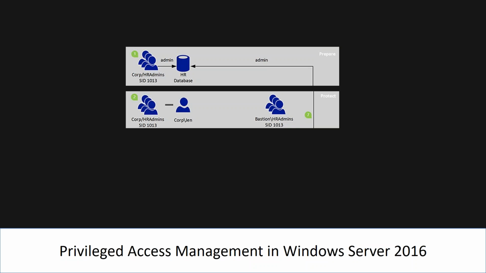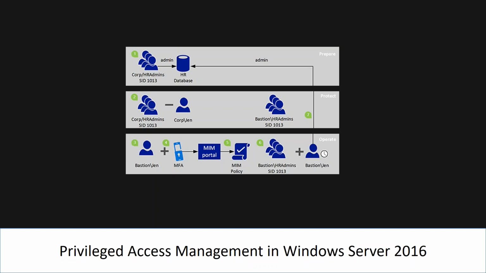Now, what we do is we remove any user accounts we have in the HR admins group in the production domain, and we create a shadow principal of that group in the bastion domain. And that is what the bastion domain is for, and we add shadow principals to that domain. And when we want any user to have access to the HR database in the production domain, we use some kind of workflow.